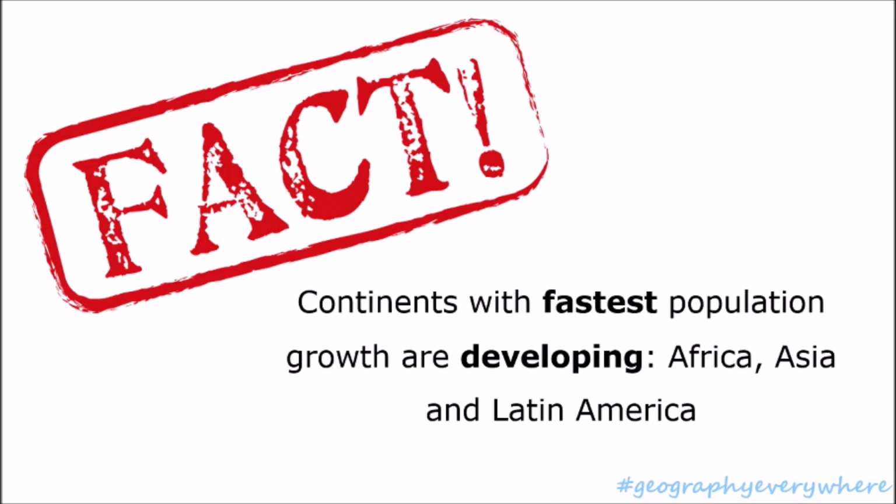Fact: continents with the fastest population growth are still developing, like Africa, Asia, and Latin America. As we saw before, the continents of Africa, Asia, and Latin America have the fastest growing cities and populations, and the number of countries in these continents are still developing.